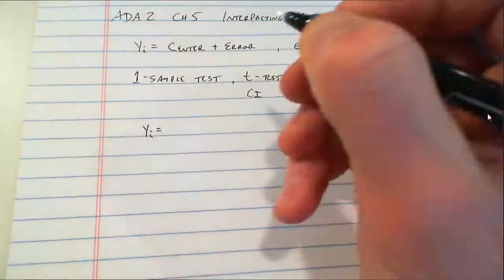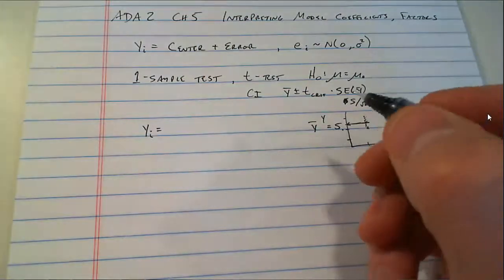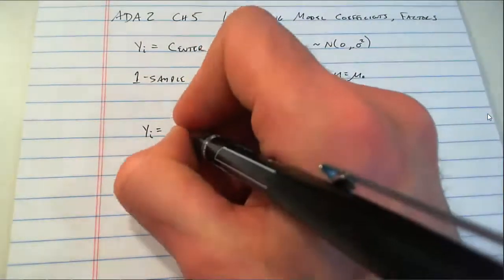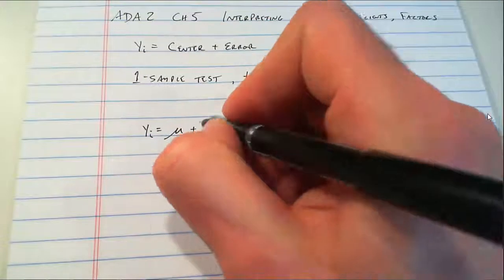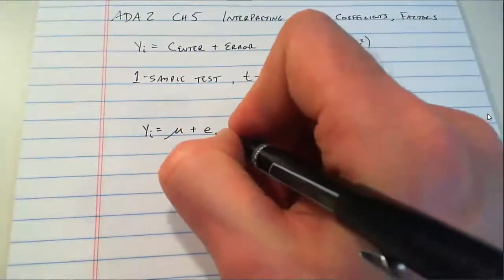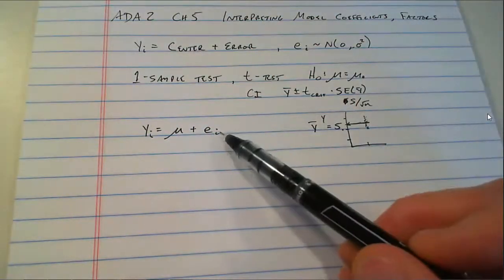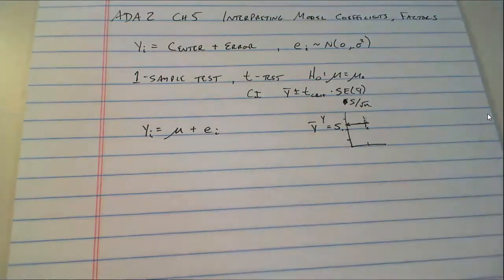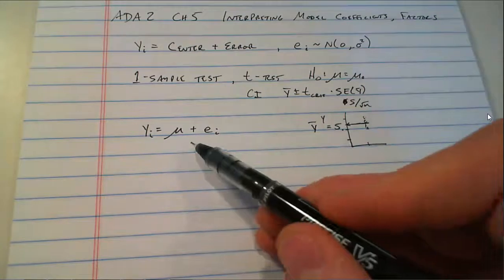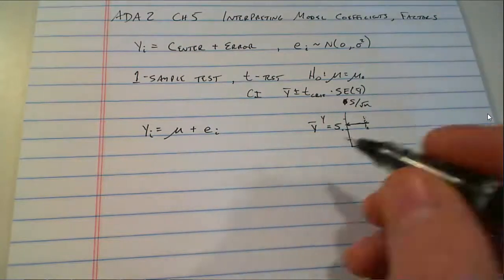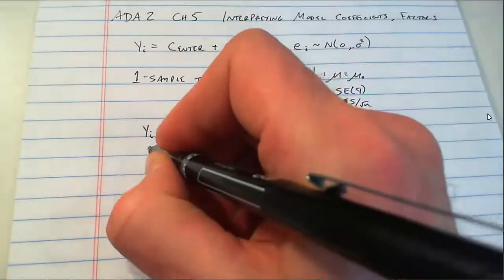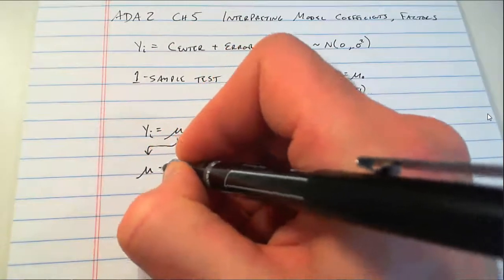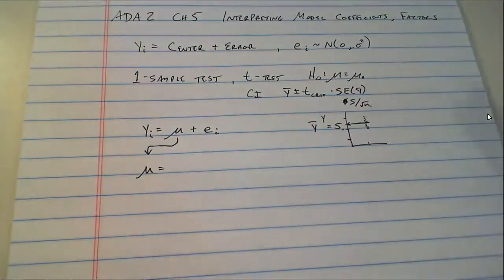So yi equals some center, which we'll just call mu for now, plus error. And notice I've got subscripts i for yi and ei, because those are different for each observation, but mu is the same. And so what we want to do is rewrite what mu is in terms of betas.